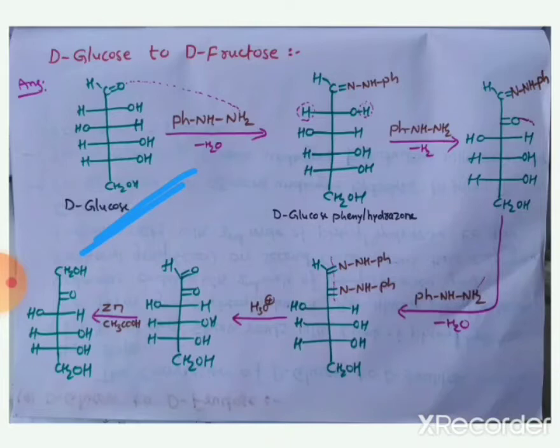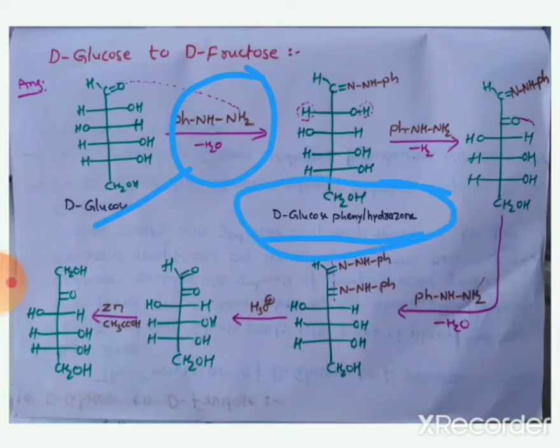When glucose reacts with phenylhydrazine, PhNH-NH2 is phenylhydrazine. When D-glucose reacts with phenylhydrazine, it forms D-glucose phenylhydrazone.